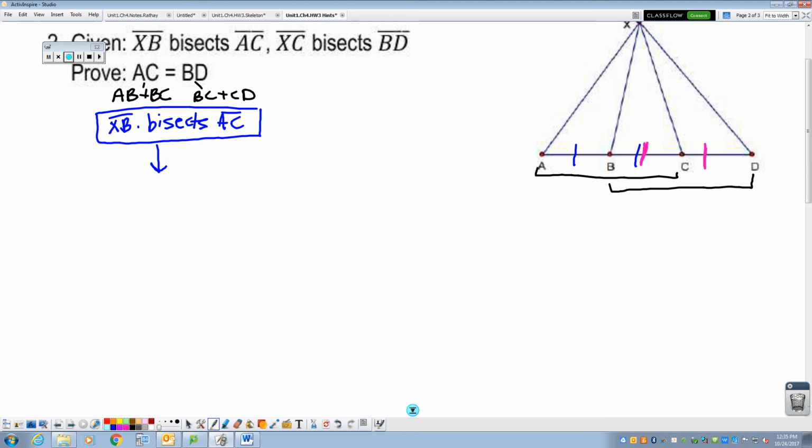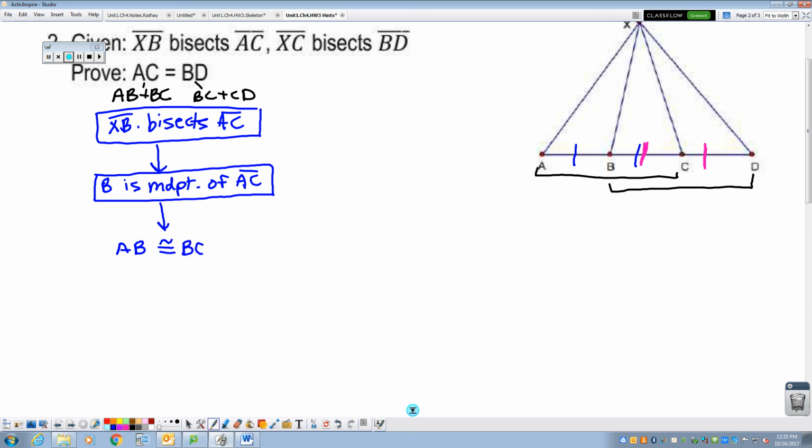So my conclusion here is that B is the midpoint of segment AC. Then, if we go to our pink sheet, a midpoint divides a segment into two congruent segments. That tells me AB must be congruent to BC.